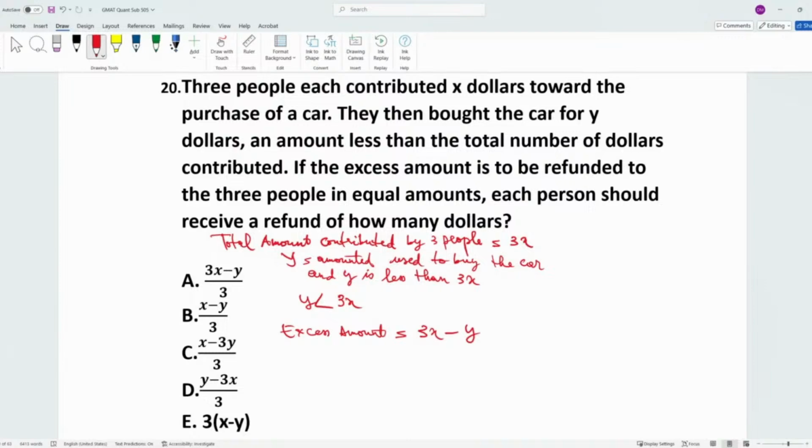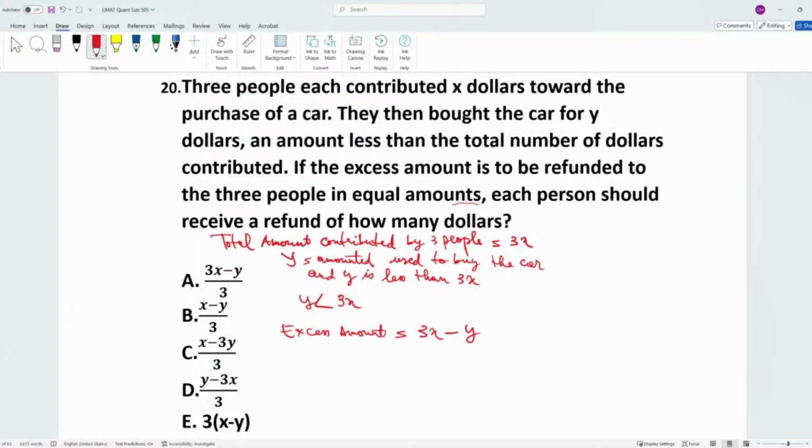But the question is not just to find the excess, but to find how much each person will receive from the excess. So if the excess amount is to be refunded to 3 people in equal amounts, that means we have to divide the excess by 3, so that each person is going to receive an equal amount from the excess. Each person should receive a refund of how many dollars?